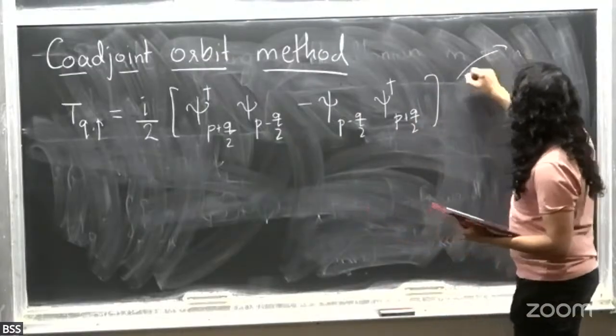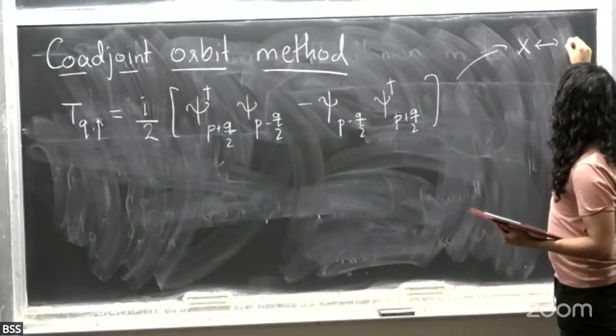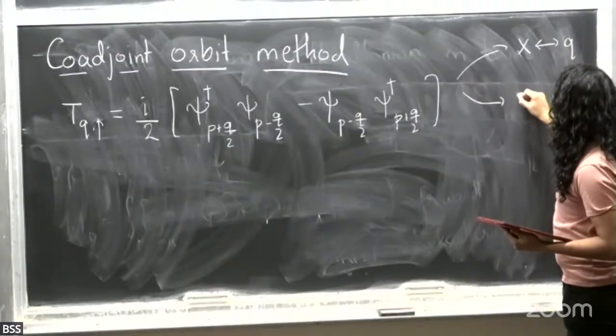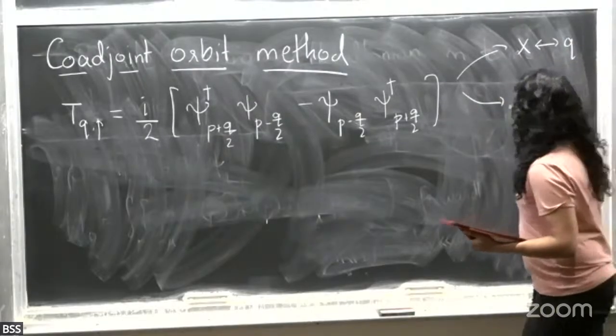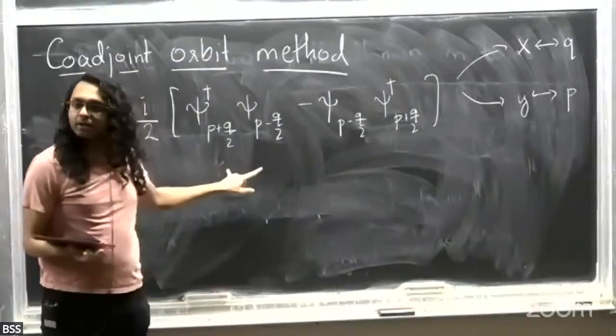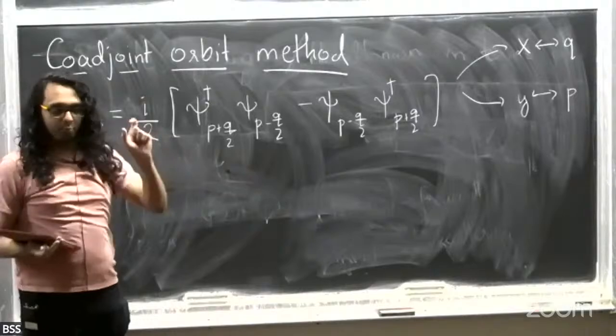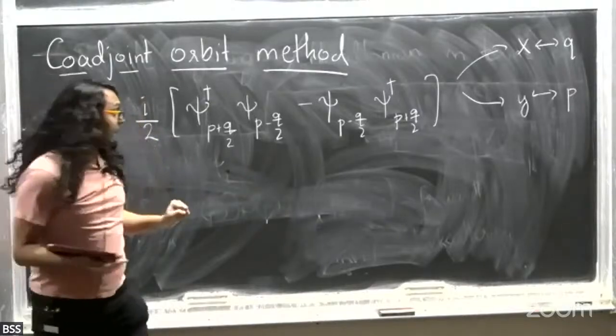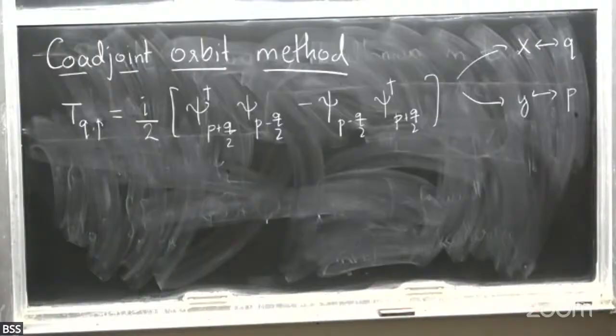Then you can Fourier transform this between x and q, between y and p, where x, y, q, and p are defined up there. If you're looking at things in position space, this is a two-body operator. X is the center of mass of that operator, and Y is the relative distance between them. P is the average momentum, the location in momentum space of the operator, which should be roughly on the Fermi surface. And Q is the net momentum of this two-body operator, right?